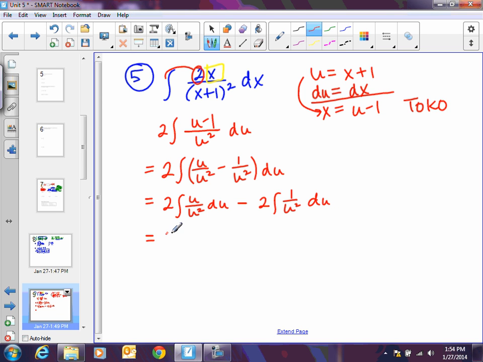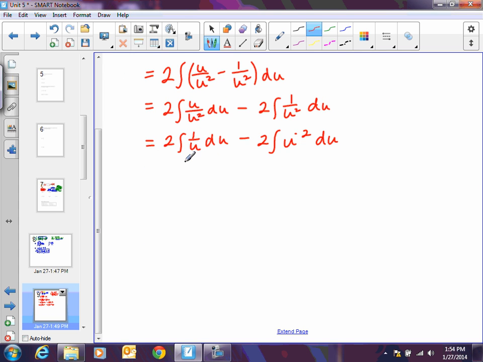Okay, so I'm going to simplify this. And I'm going to rewrite this one as u to the -2. I didn't write this one as u to the -1. Let me extend this so you can see better. But I left it as 1 over u du because that's how we usually see the natural log.